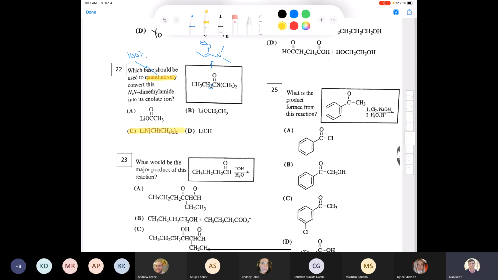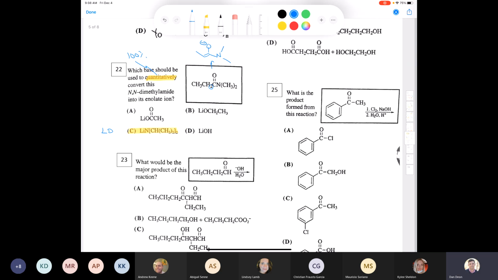There is an acronym, and we did look at it in the enols and enolates chapter, which is chapter 21. This is called LDA, lithium diisopropylamide.